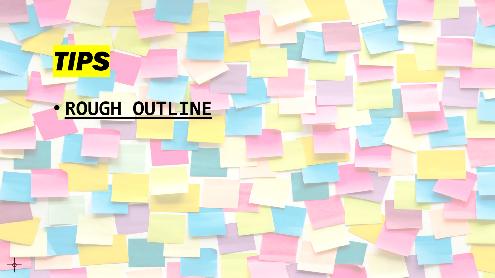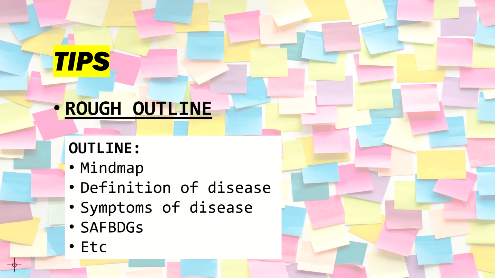So this is all the information that you want to include or need to include in your visual aid. For example, I'm going to include a mind map, the definition of my disease condition, the symptoms of the disease condition. Maybe I want to include the South African food-based dietary guidelines, etc.